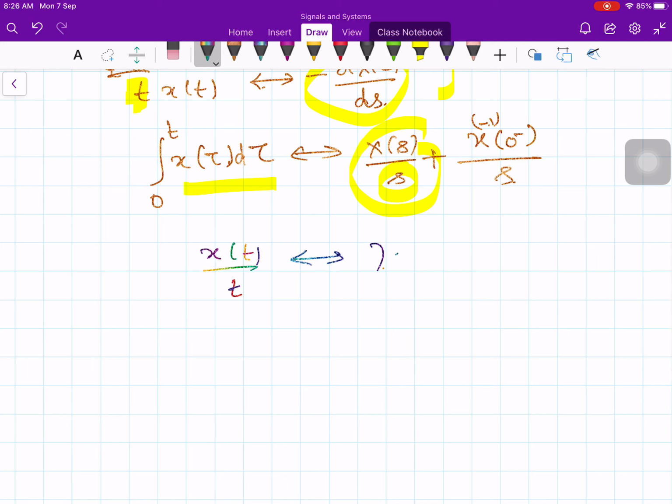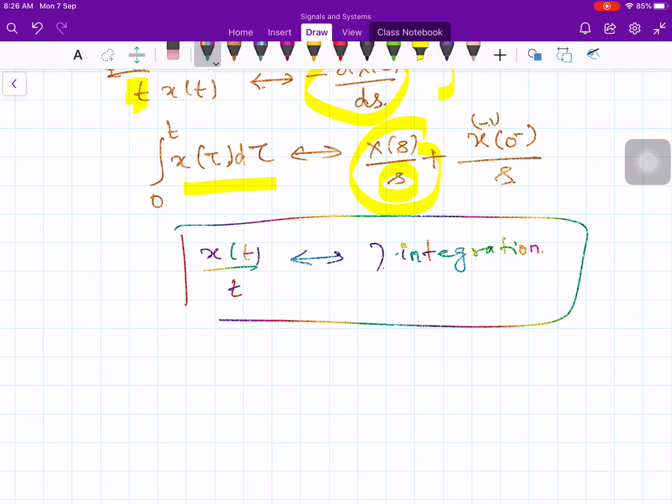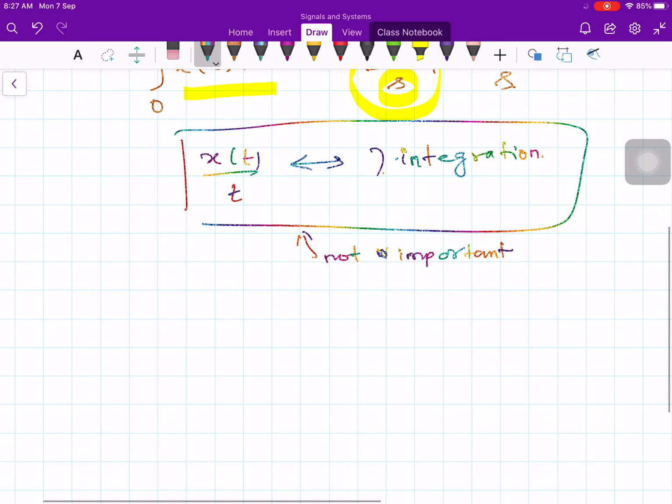Let us see what that integration will be. So this is a property, but it is not very much useful, not important. But anyway, to complete the discussion, let us talk about this.